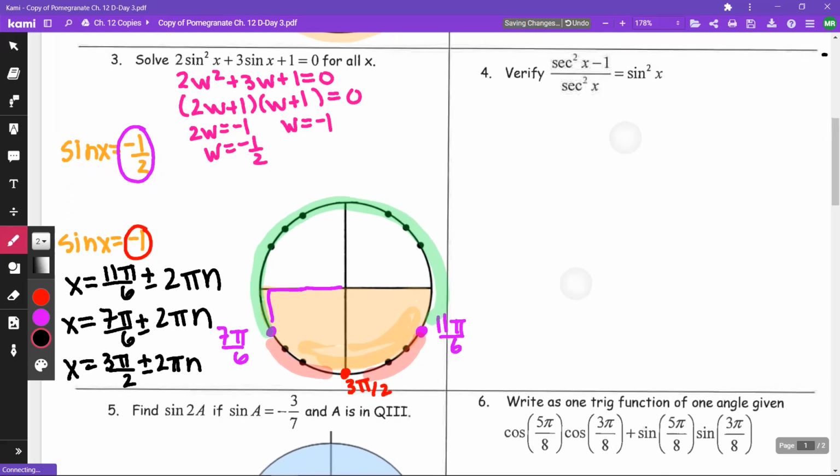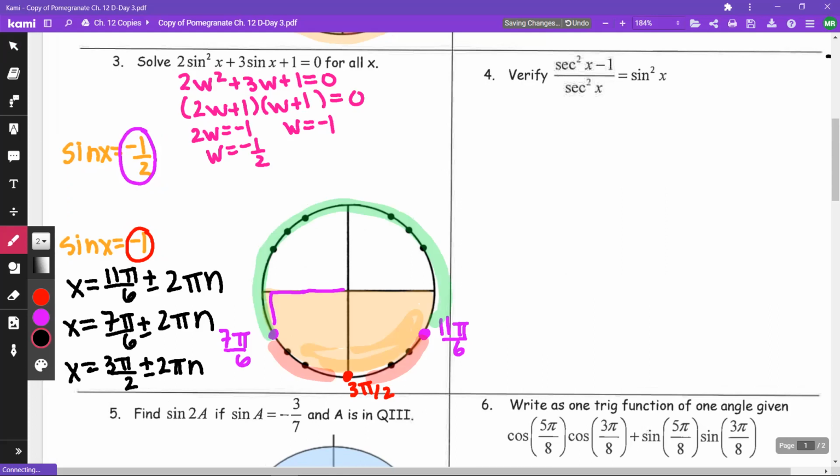On number 4, we're being asked to verify. So we're trying to prove that the left side is equal to a sine squared x. So the first thing I am going to do is, I know that we have an equation for sine squared x.